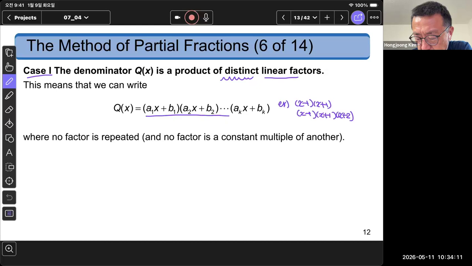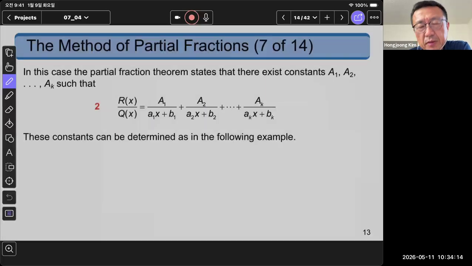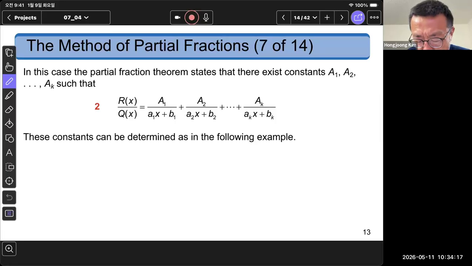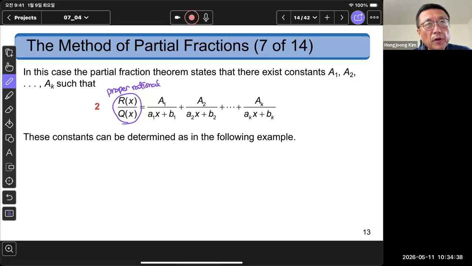In such a case, if Q(x) is factored into a product of distinct linear factors, then your proper rational function can always be written as a sum of these terms, for some A1, A2, up to Ak.